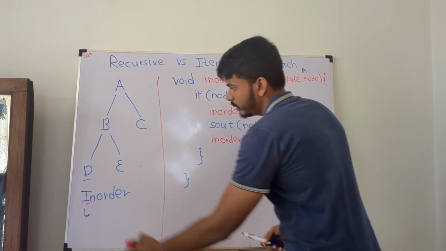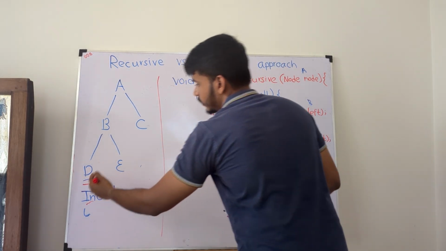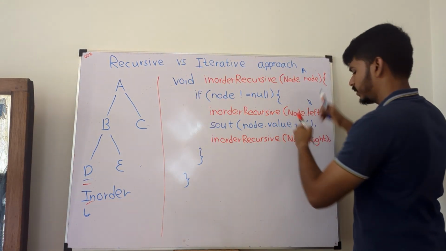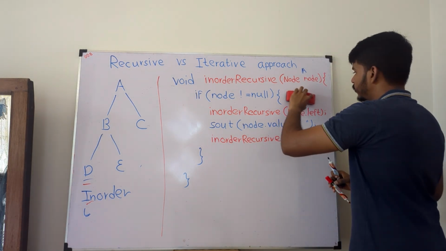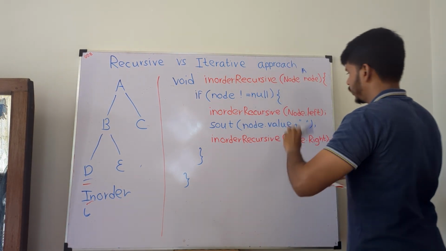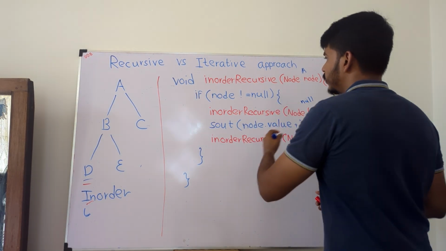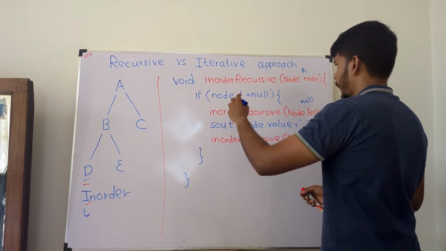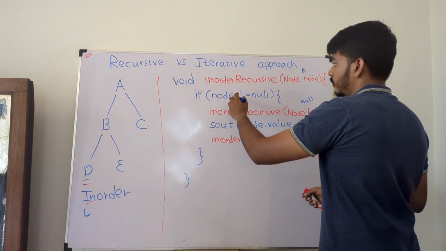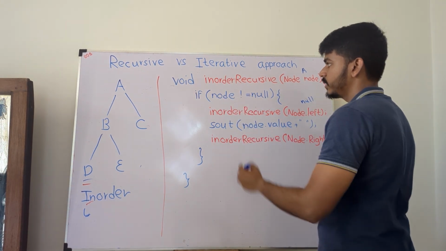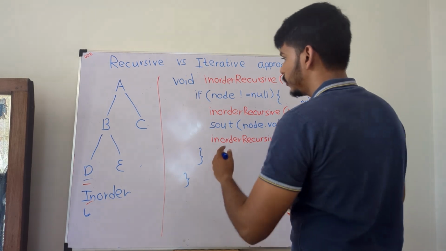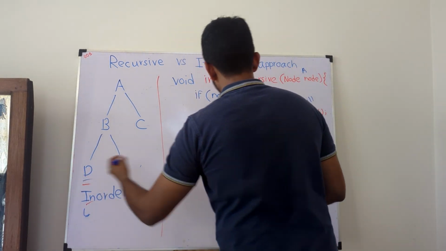Here D doesn't have a child, so node.left is going to be null. So it is going to go back again. Is it not equal to null? No, it is null. Then we are going to go back again to D.